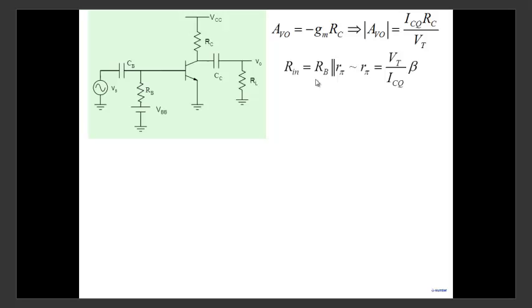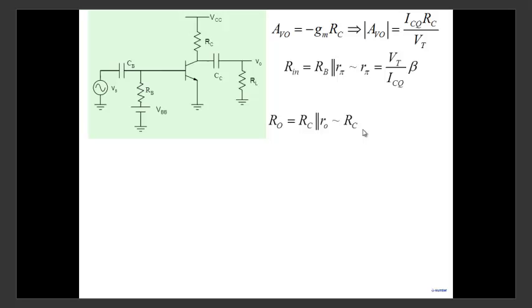In most of the designs, you'll find Rb is much larger than Rpi. So as a first order approximation, we'll write it simply as Rpi, which is VT by ICQ into beta. Okay. R0, our output resistance, is Rc parallel the output resistance of the transistor. In most cases, you'll find ro is much larger than Rc. So as a first order approximation, we'll just write the output resistance is simply equal to Rc.